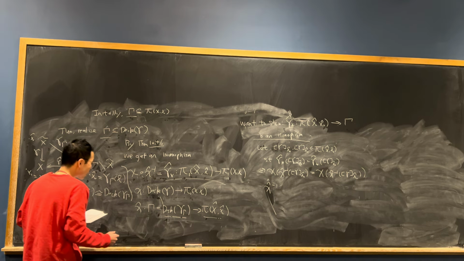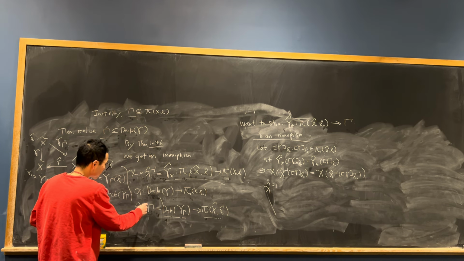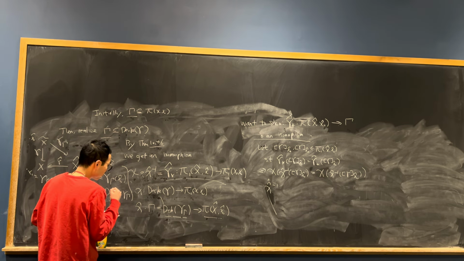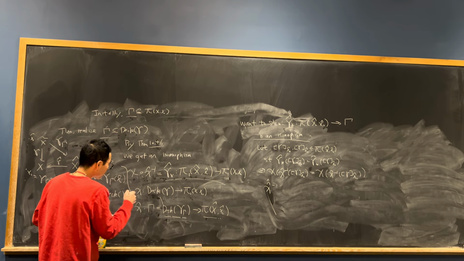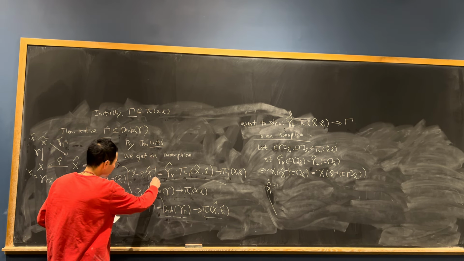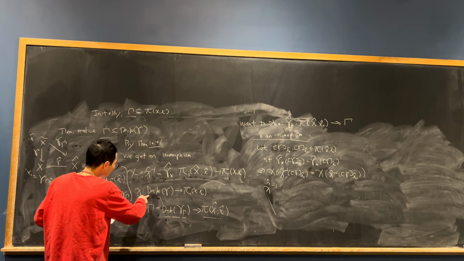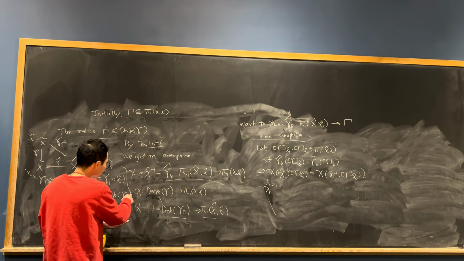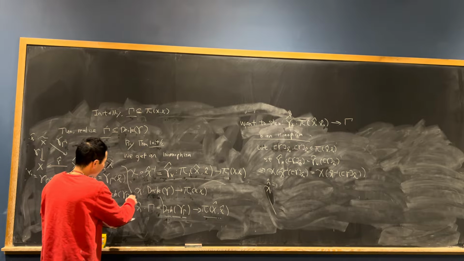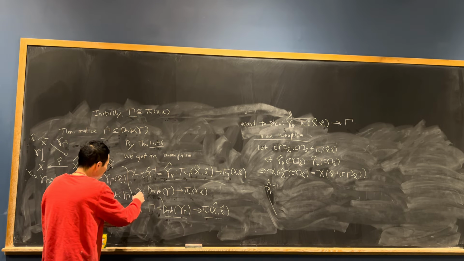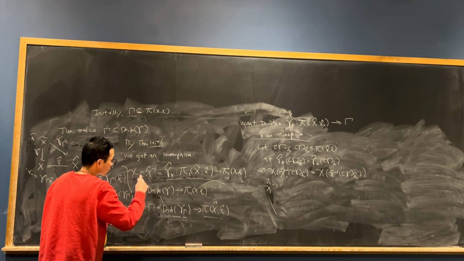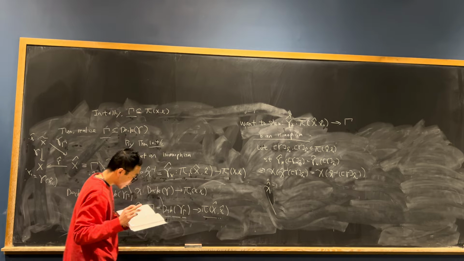So therefore, when you restrict the chi to gamma, it gives you the isomorphism.